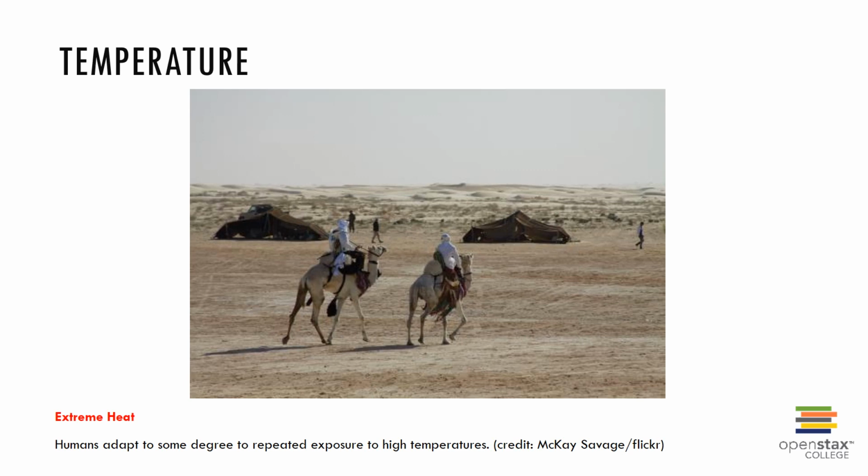Extreme temperatures: humans can adapt to some degree to repeated exposure to high temperatures, but the temperature again cannot get too high, or it can damage certain proteins or enzymes within the body.